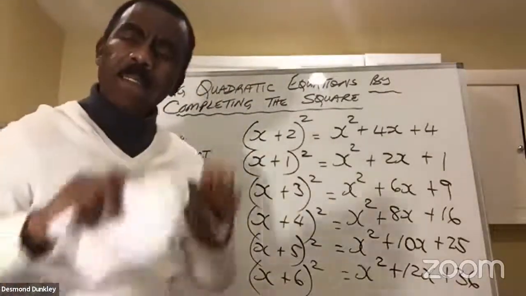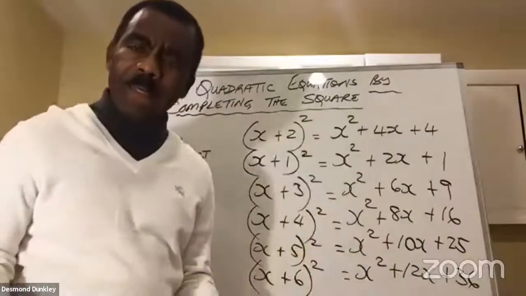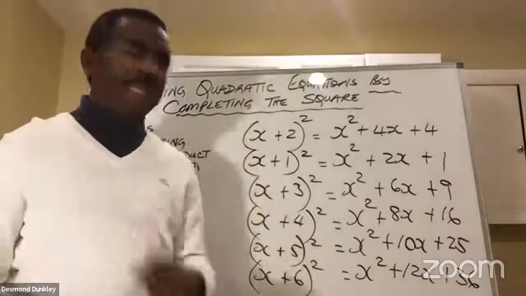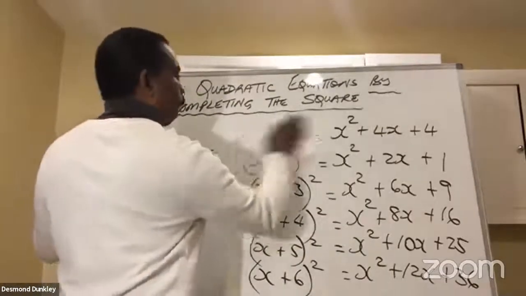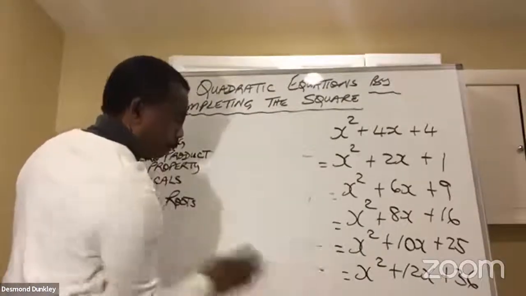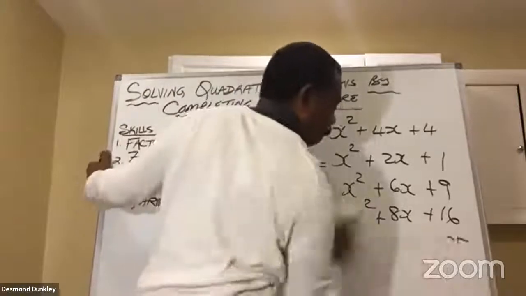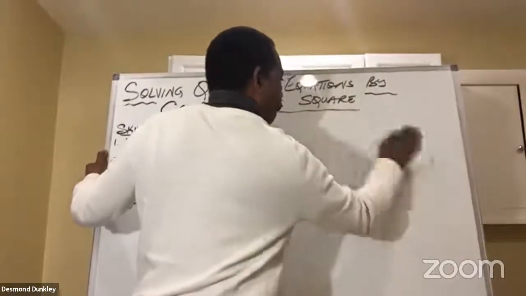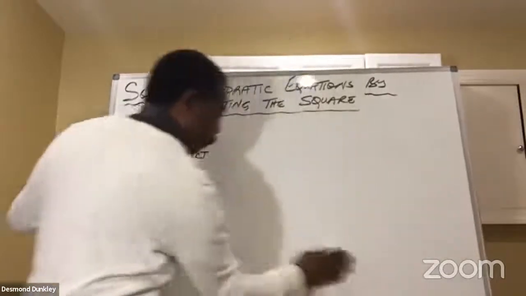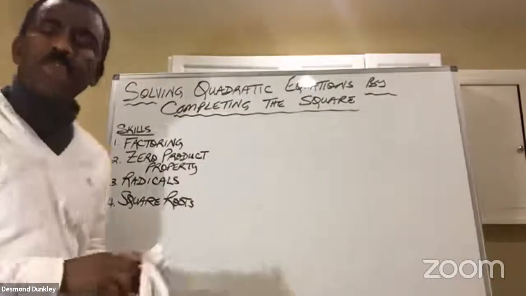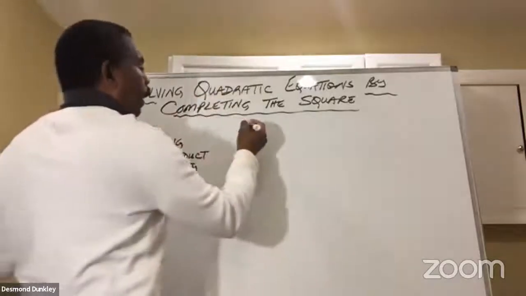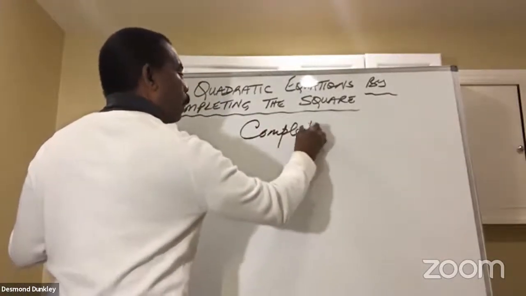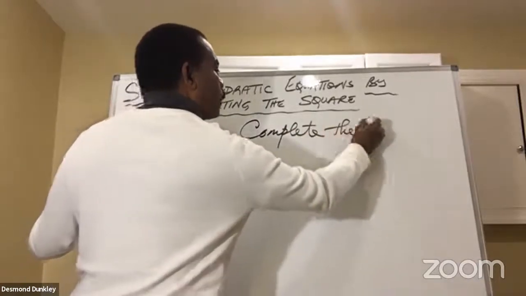And once we get that thought process in, we'll start using that to solve a quadratic equation. So the instruction is complete the square.